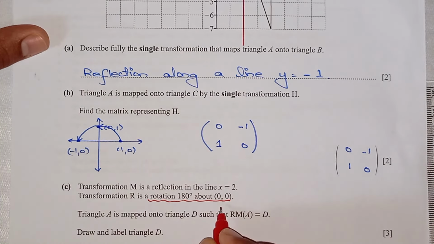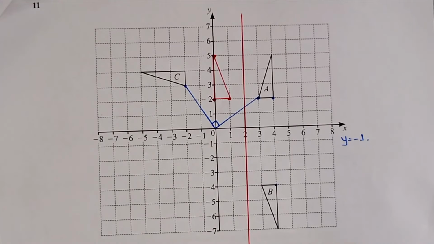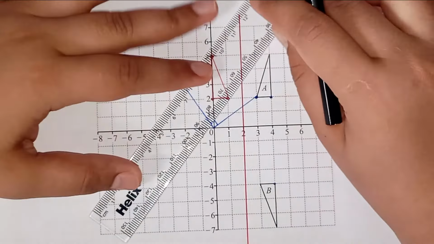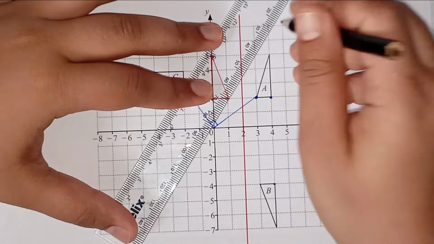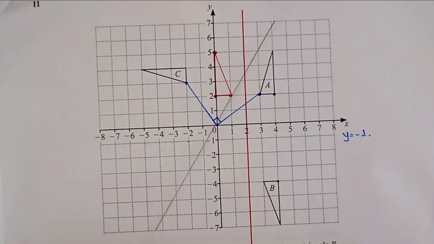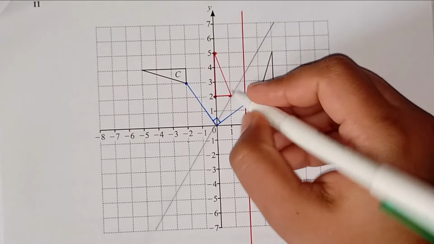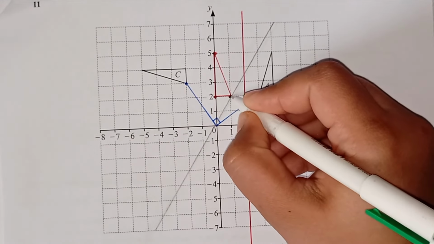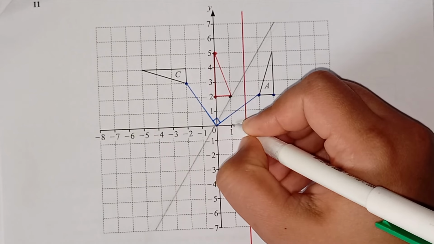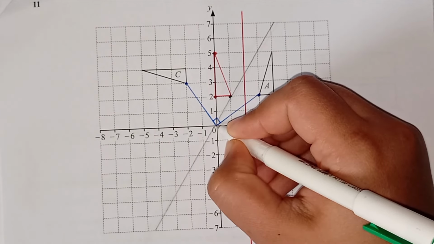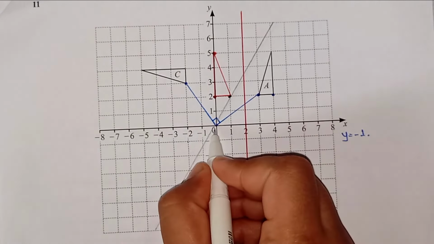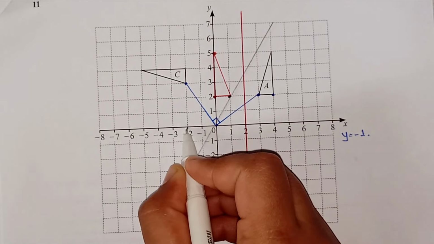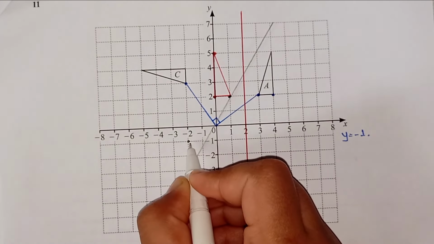180 degree about origin. Now let's apply the transformation R, that is rotation 180 degree about origin. So if I can join this point with the origin, so as we can see that this point is 1, 2, 2 down and 1 to the left. And from here, from origin, it would be 1, 2 and 1 down, right?